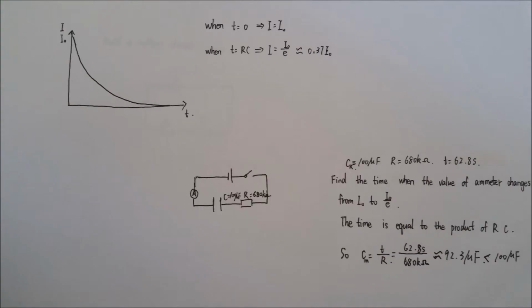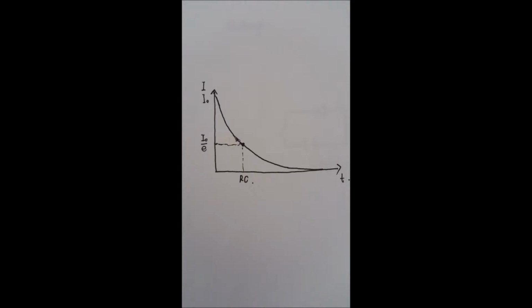When t is equal to RC, I(t) is equal to I0 over e, which is approximately equal to 0.37 I0. We try to find the time when the value of the ammeter changes from I0 to I0 over e. The time is equal to the product of RC.